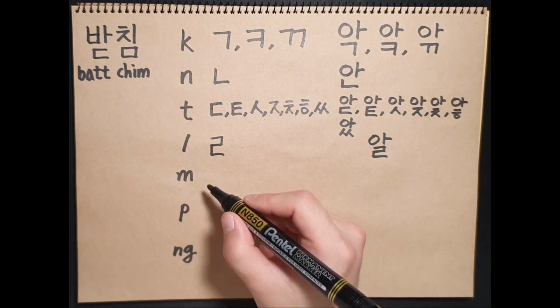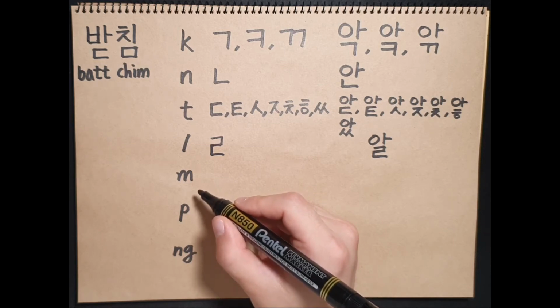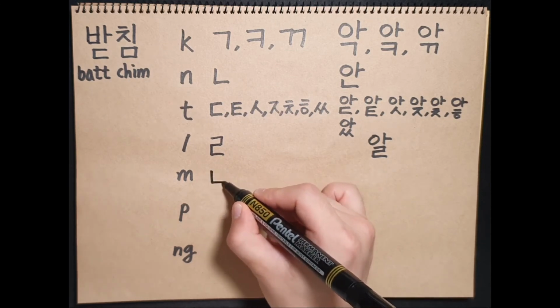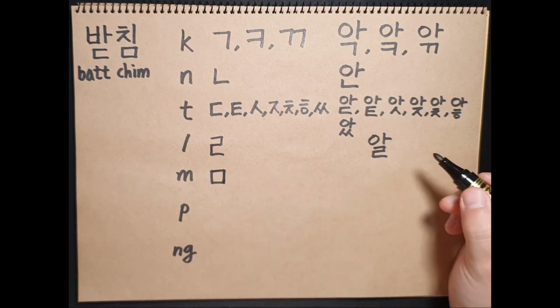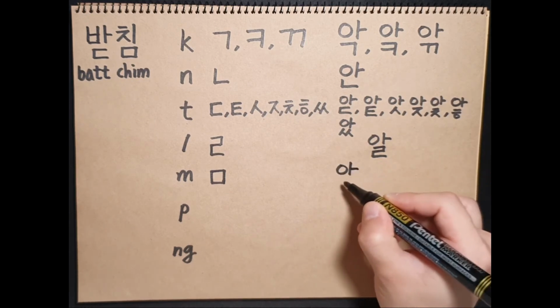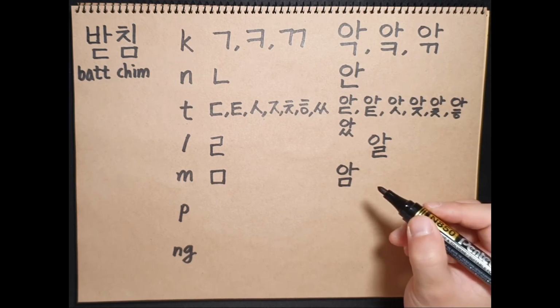The next Korean alphabet that has the ending sound of an M in English is 미음. So combined with A, it becomes am.